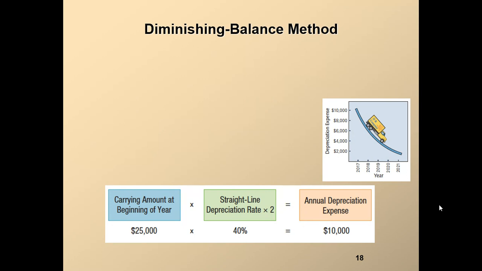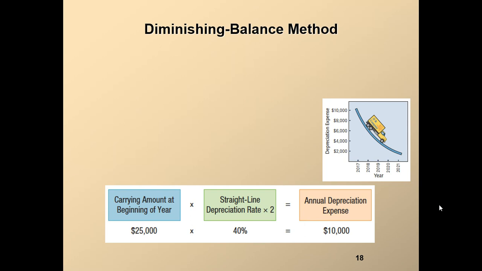But with the declining balance method, you always multiply that by 2. So you'll see that the depreciation expense will be greater in the early years, and it'll lessen over time. For this example, you start off with 25,000 and multiply that by 20% times 2, which is 40%. At the end of that specific year, it's going to go down $10,000.